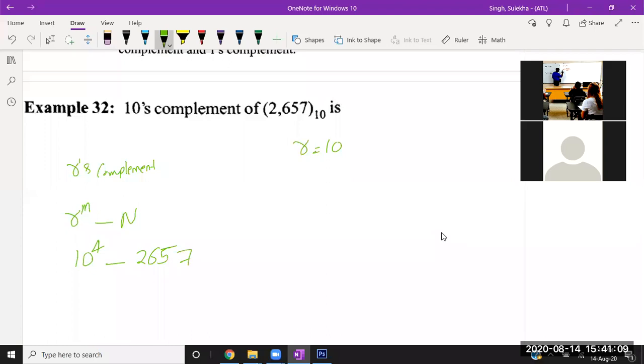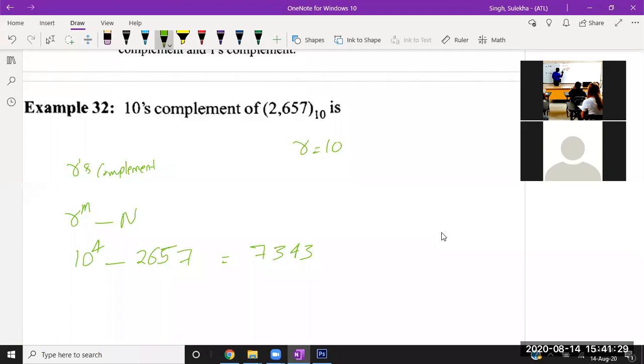When you calculate it, it becomes 7343. Most of you have given correct answers: Saurabh, Satyam, and Charmi Mehta, the correct answer is 7343. So this is the way you can calculate R's complement.